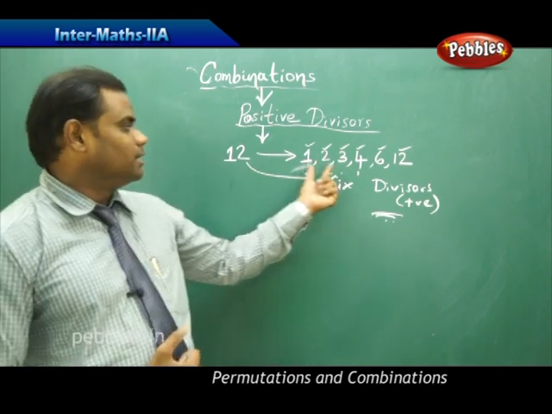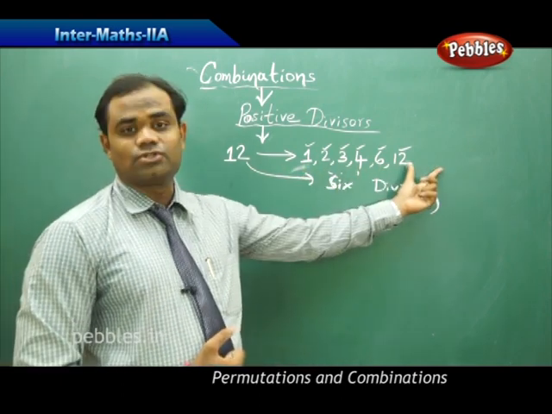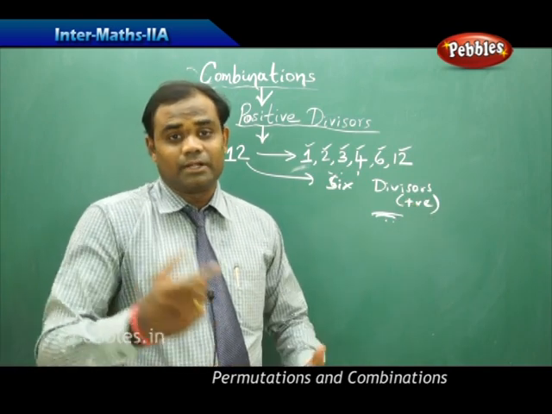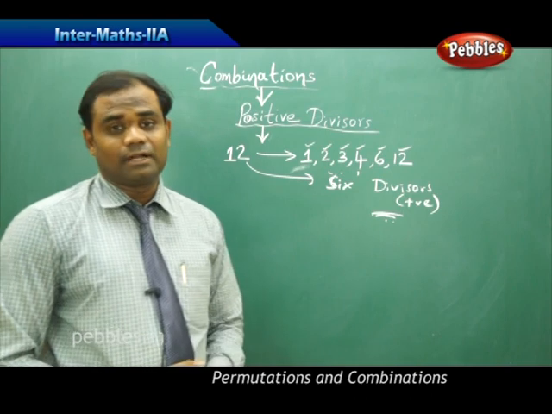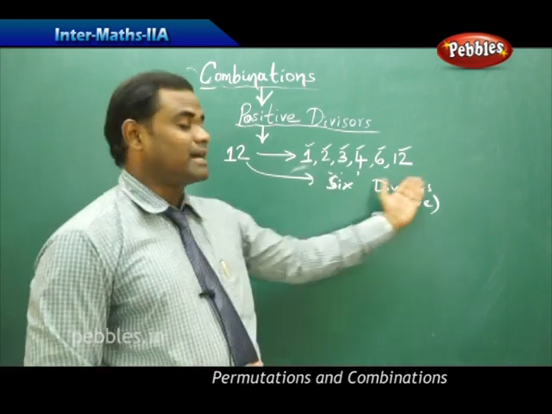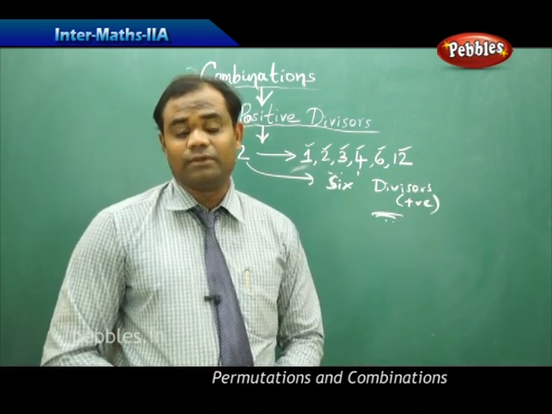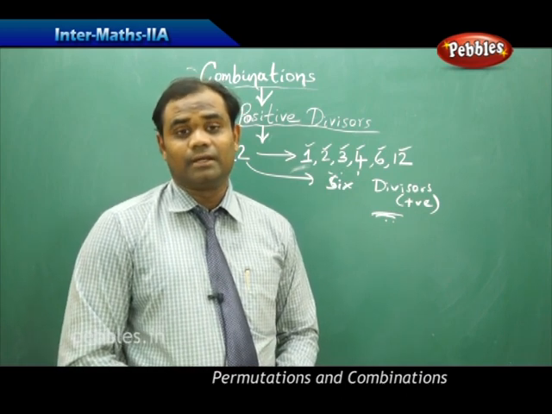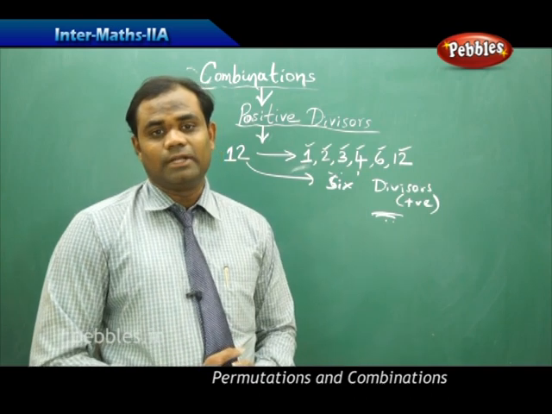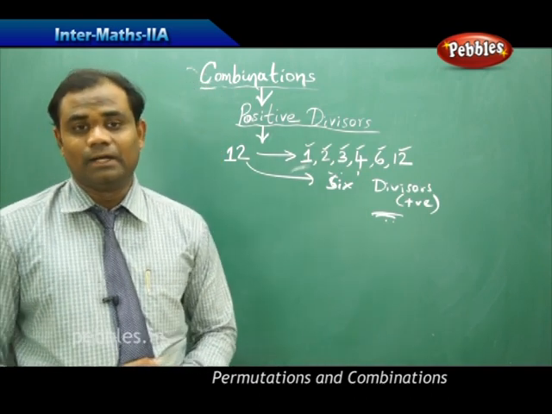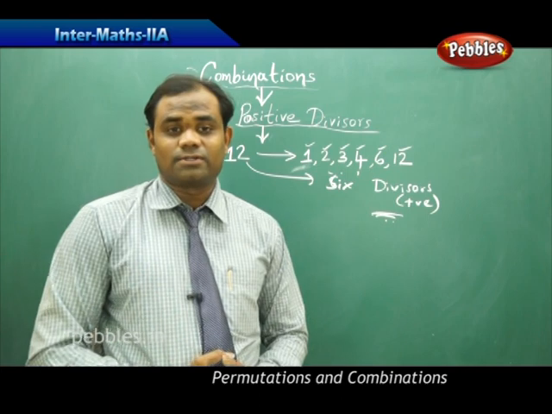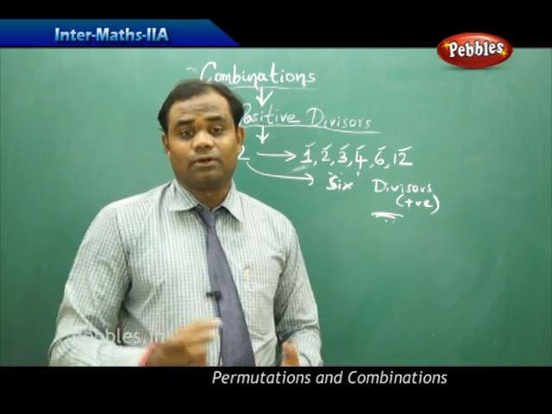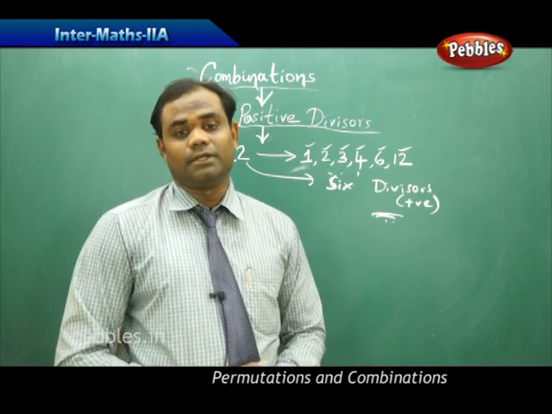For 12, being 1, 2, 3, 4, 6, 12, there are 6 positive divisors. But if the number is big, you can imagine that finding the positive divisors through this direct process may not be easy. We need to search for a shortcut formula for a very large number. So let's see how we can derive the formula for finding the number of positive divisors of a positive integer n, however large or small the integer is.